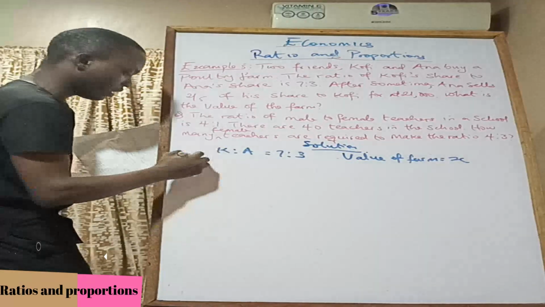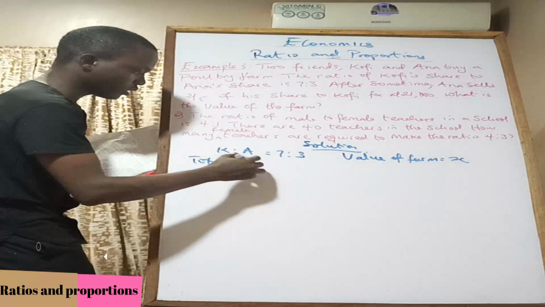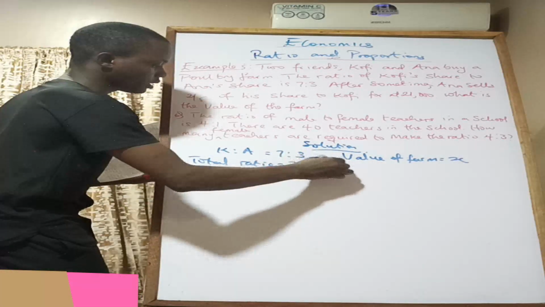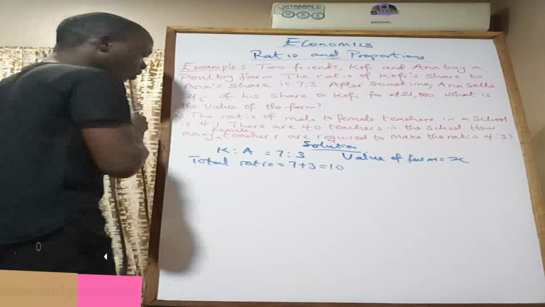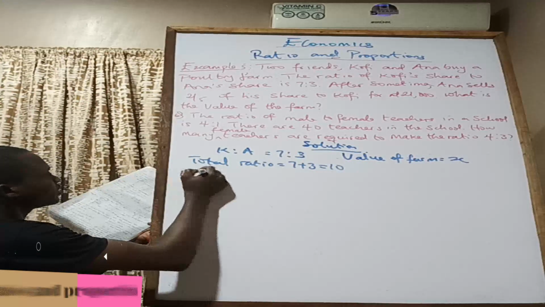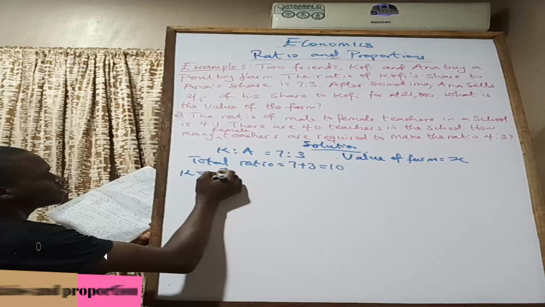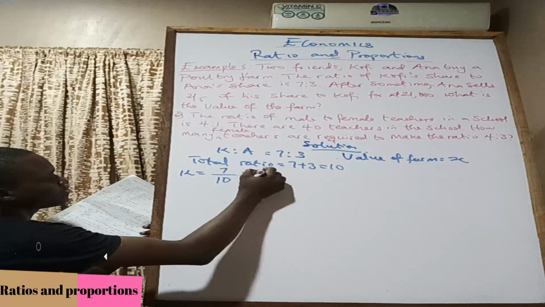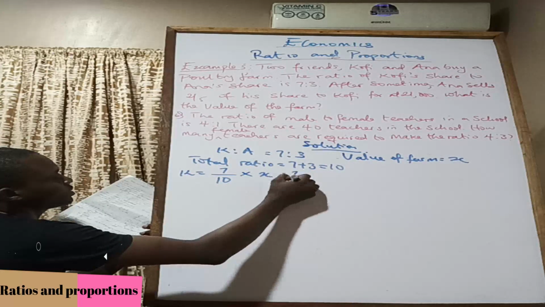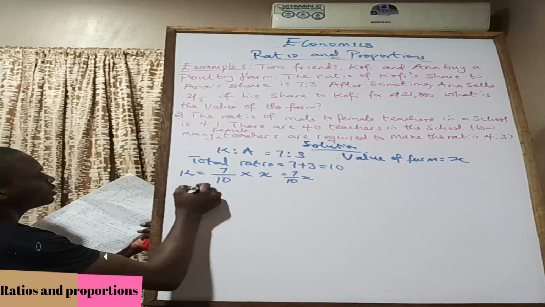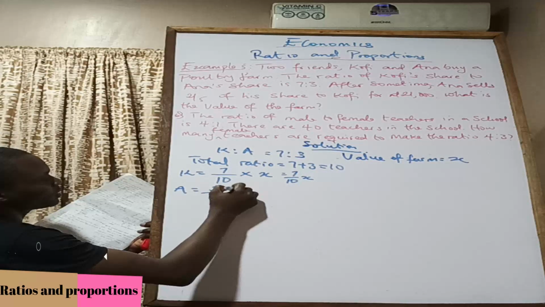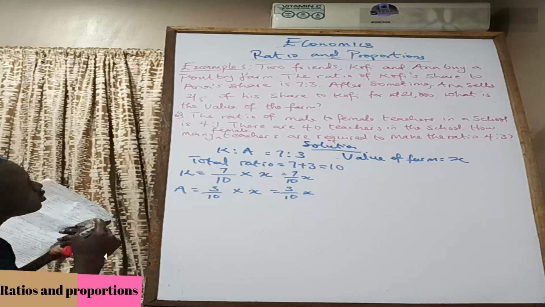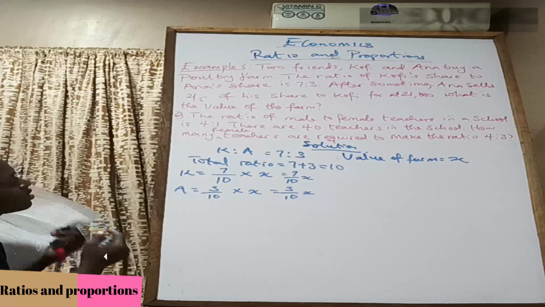The total ratio equals 7 plus 3 equals 10, right? So for Kofi, he enjoys 7/10 of the entire value of the farm, times X, which gives us 7/10 X. Then Hannah is getting 3/10 of the entire value of the farm, which is 3/10 X. But the question goes on to say that after some time, Hannah sells 2/5 of his share.